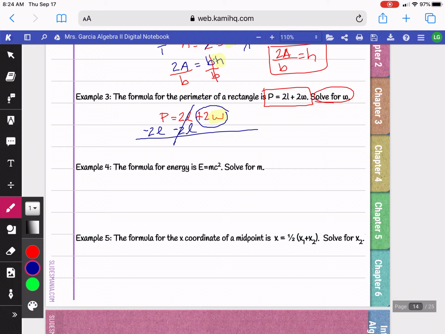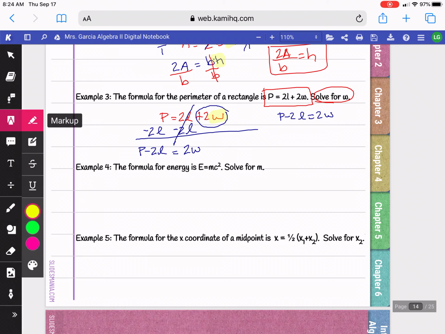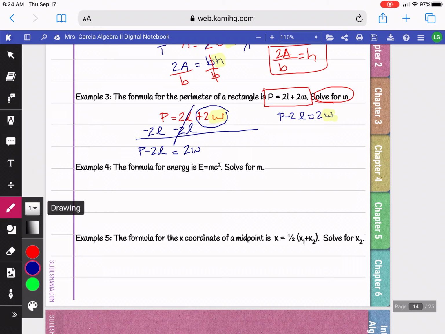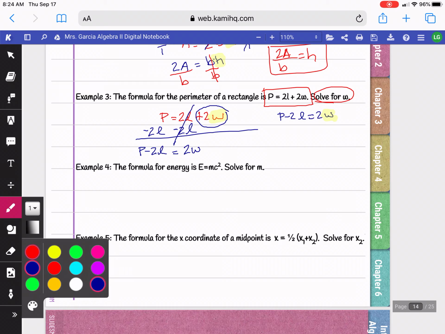P and 2l are not like terms because they're different variables or letters. So you just write it out. P minus 2l equals, and on the right side we're left with positive 2w. So I'm going to go ahead and write this up here. And remember, we're solving for w. So now if you look at w, they're multiplying it by 2.